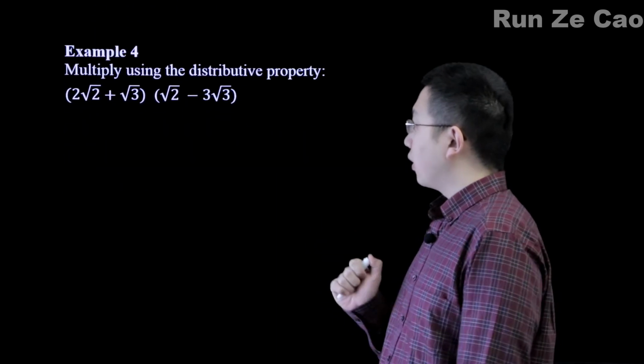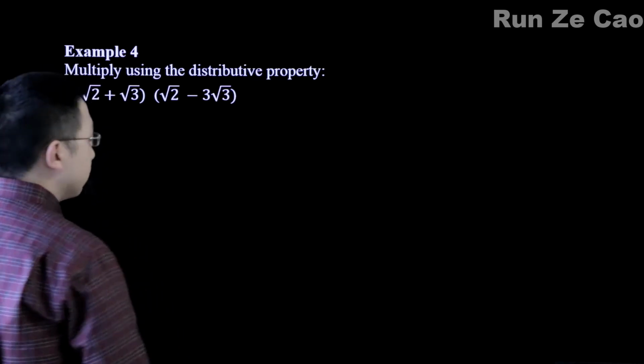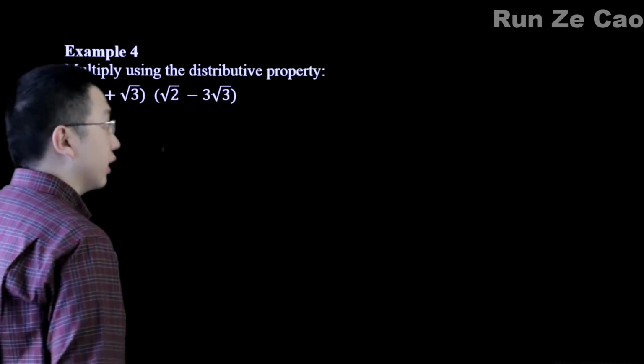Okay, example 4. Multiply by using the distributive property. That means we need to show each term being multiplied separately.